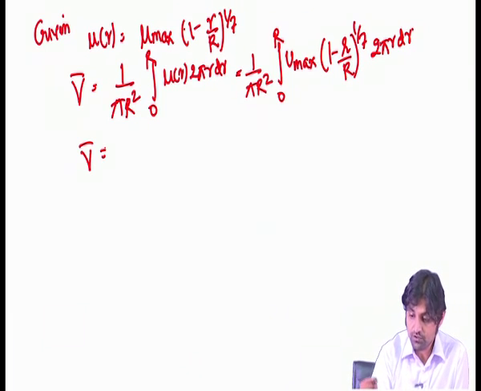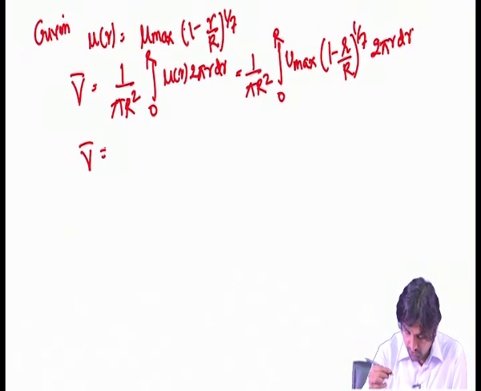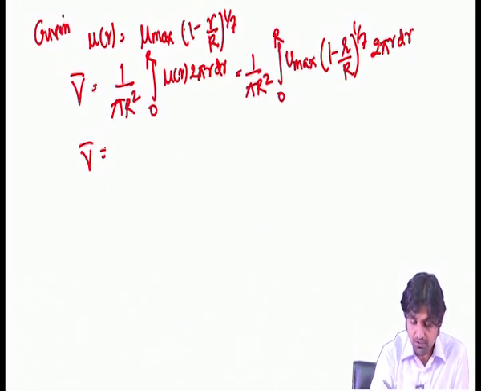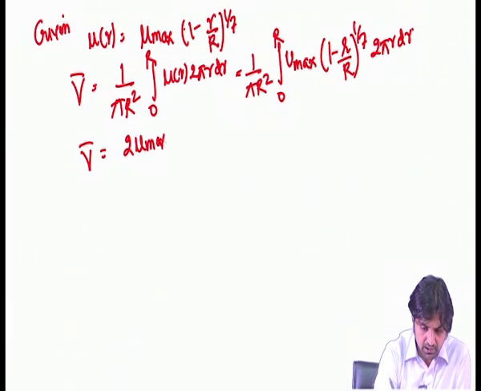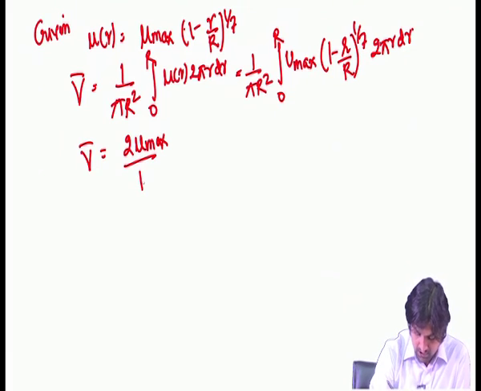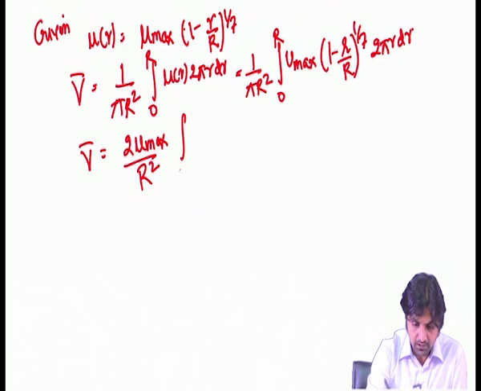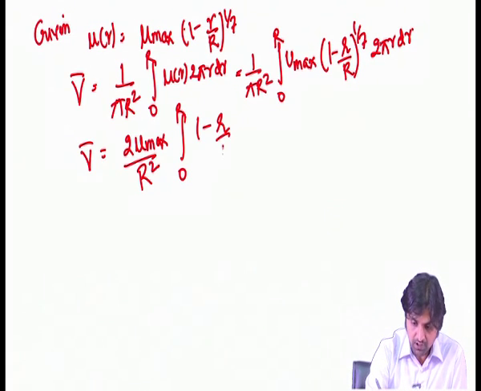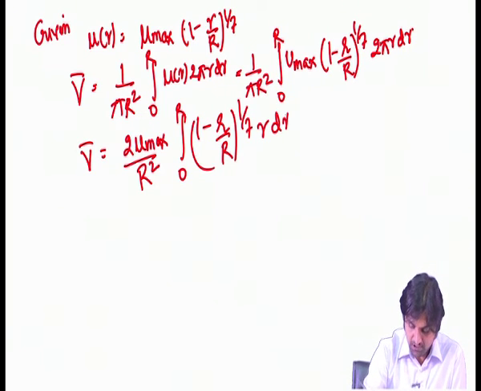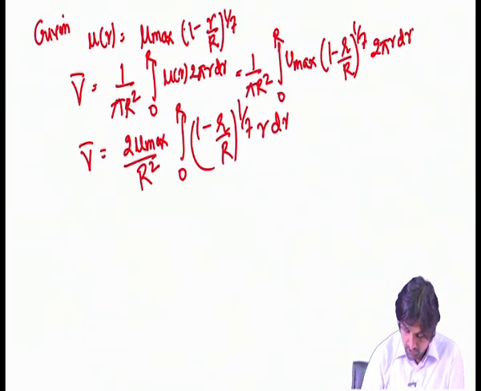So, pi gets cancelled, 2 comes out, so it becomes 2 u max by R square, integral 0 to R of 1 minus r by R to the power 1 by 7 times r dr.